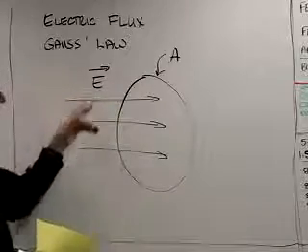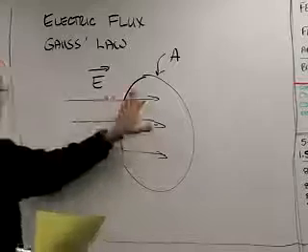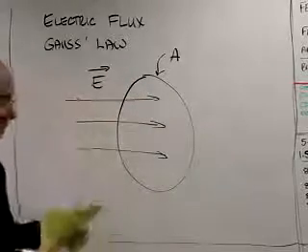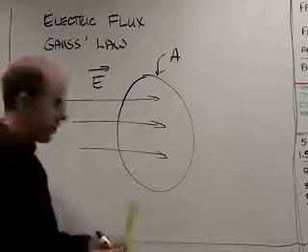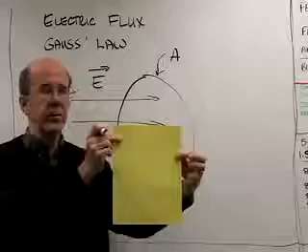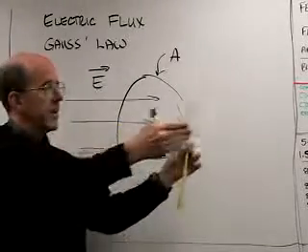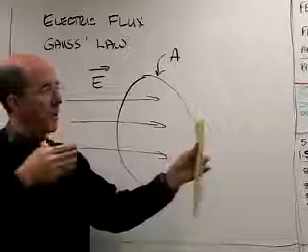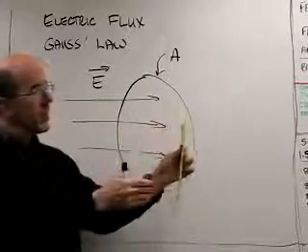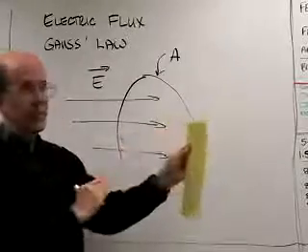And notice that the amount of electric field that goes through an area depends upon the relative orientation of the surface and the electric field. So for instance, suppose I have an area that looks like this. It's a square or a rectangular sheet of paper, and I have an electric field going this way, horizontally. Well, in this case, the electric field lines are all going perpendicular to the surface, and so I would have a lot of coverage of the electric field going through that surface.